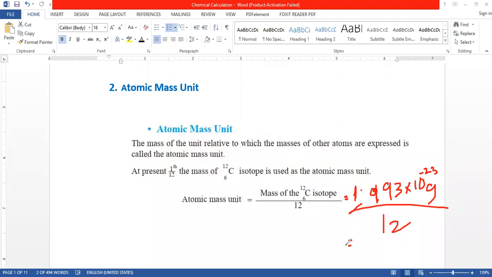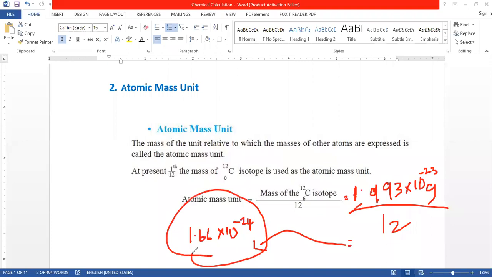Then the answer for this one is 1.66 into 10 to the power minus 24. This is called the atomic mass unit. Here gram, here no unit, so it will have what unit? Gram.